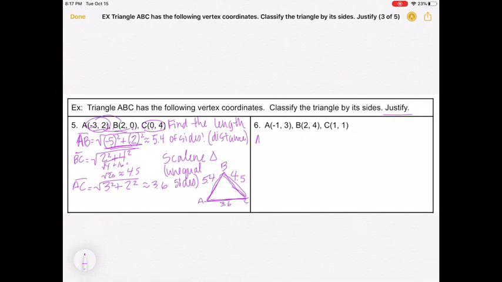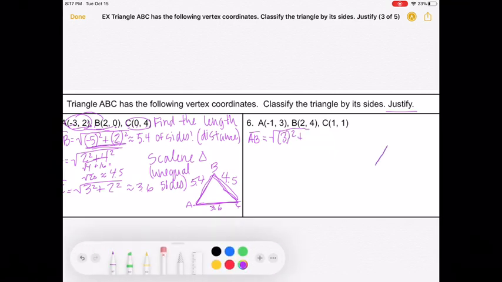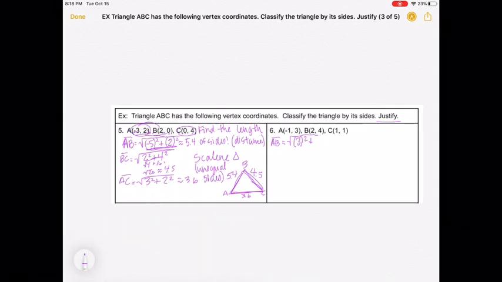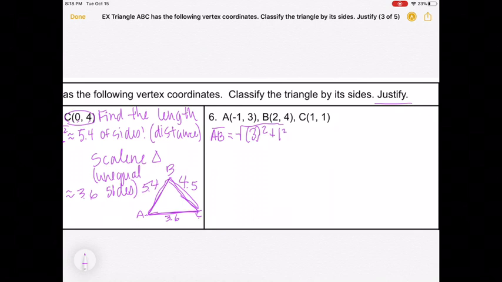Okay, if you're coming back from solving, I should have AB, and check your work, not just the final answer, okay? So AB, the x's were 3 apart, so that's 3 squared plus, oops. All right, and the y's were 1 apart. I think my pen died here, sorry.